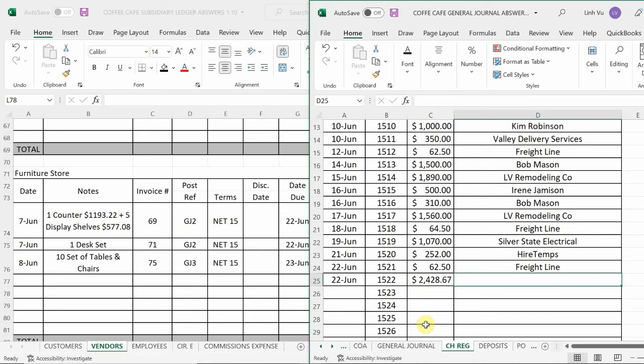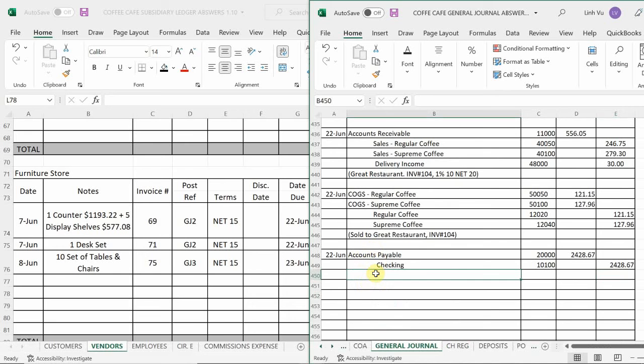So I don't believe we have them in here. Good. So what check number did we use? 1522. So let's wrap up this journal entry.